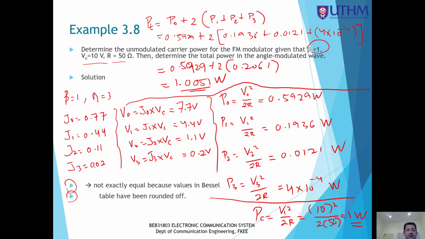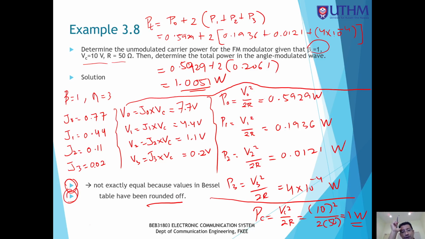Okay, so that's why in this example it comes up with the statement below. It shows that the theoretical value is not exactly equal with the total power from the Bessel table that we use at the long equations, because the values in Bessel table have been rounded off. What do you mean by rounded off?